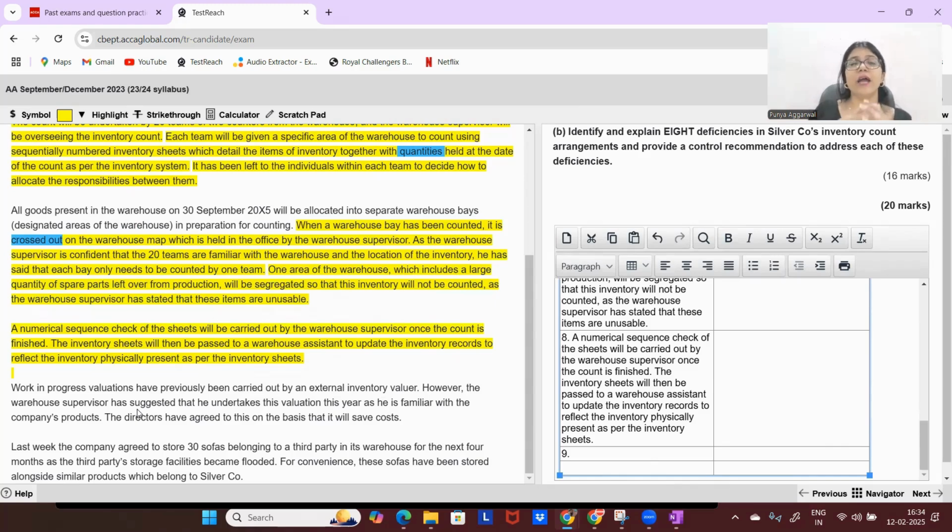So the deficiency is that maybe this warehouse supervisor does not have the experience, expertise, knowledge of this particular area, due to which it can again misstate our inventory. Overstatement and understatement of inventory can happen. So the deficiency is that the warehouse supervisor is not experienced or does not have the expertise or the knowledge to carry out this function in the company. Okay.